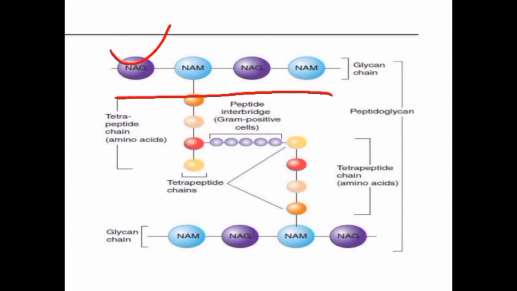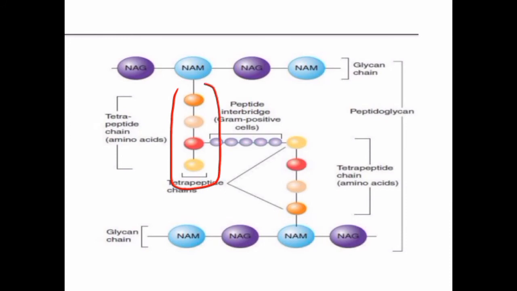This is N-acetylglucosamine, and these are N-acetylmuramic acid, and this is called a glycan chain. N-acetylglucosamine or NAG is attached to NAM and NAM is attached to NAG, and it forms a long chain. Then with this NAM, a tetrapeptide structure is attached.